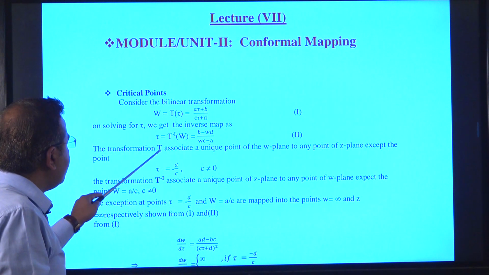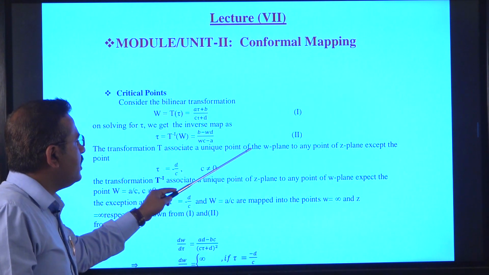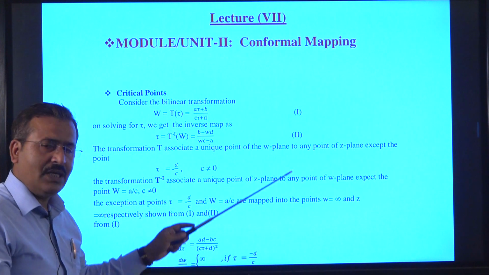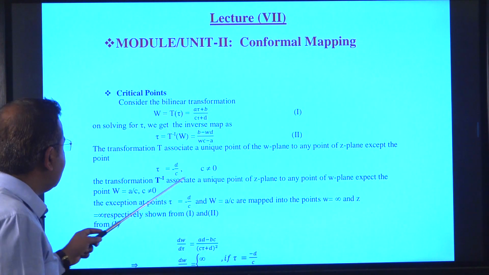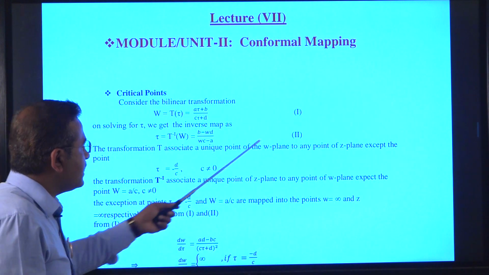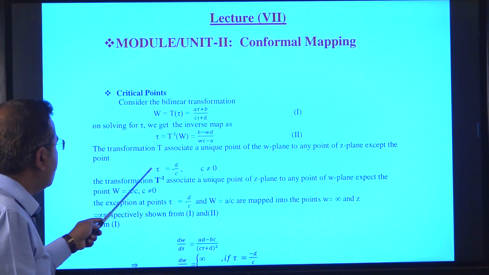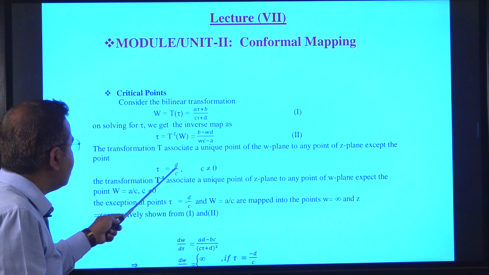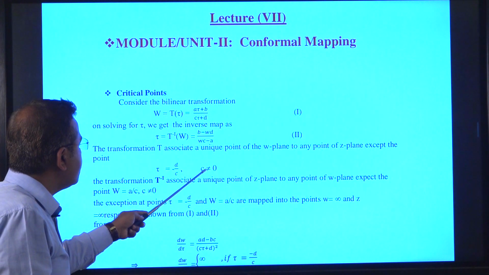The transformation T associates a unique point of the W plane with the Z plane. So what are the conditions? The condition is: except the point tau equal to minus D by C. See here, minus D by C, because C is not equal to 0.